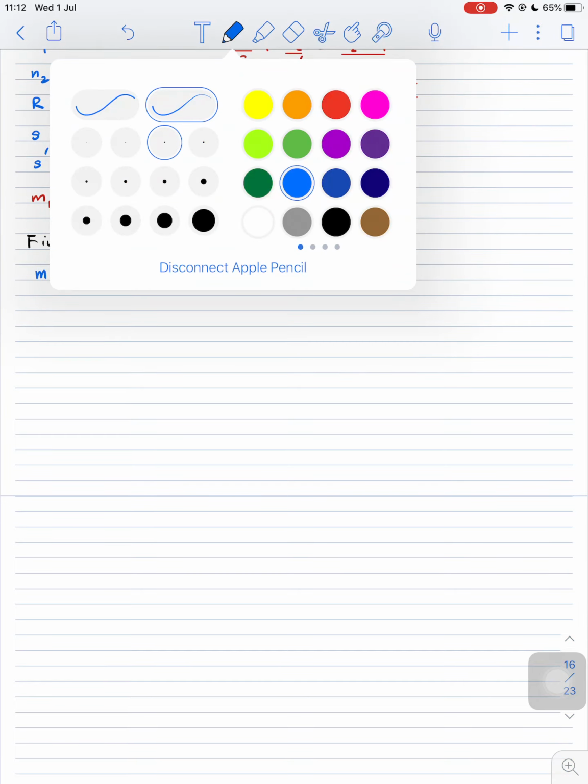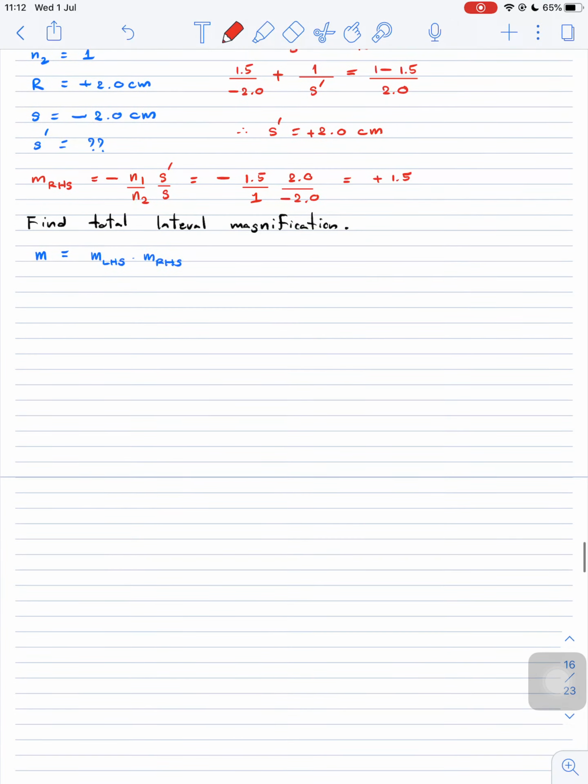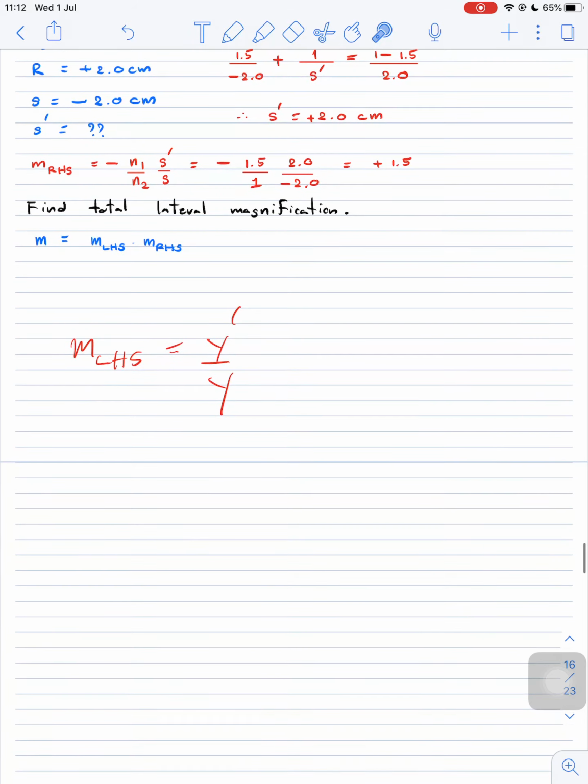It's simply explained by this. Let's say the m of the left hand side is equal to y prime over y, so it's the length of the image relative to the length of the object, right? And the m of the right hand side is equal to y double prime over y prime.